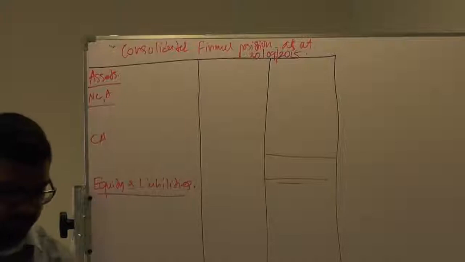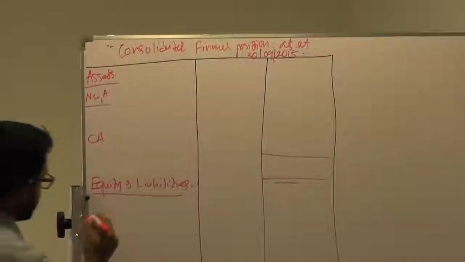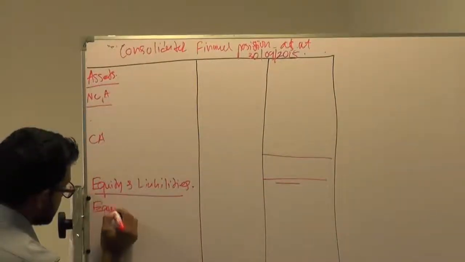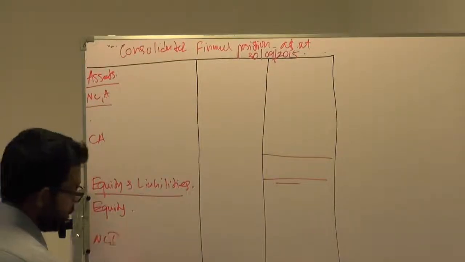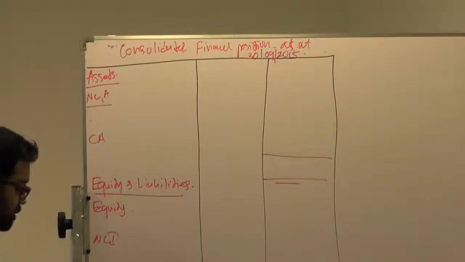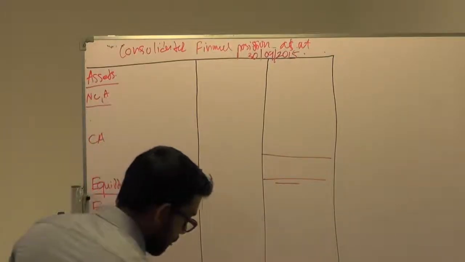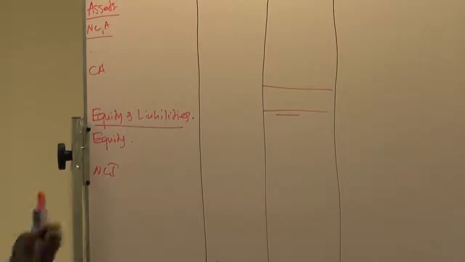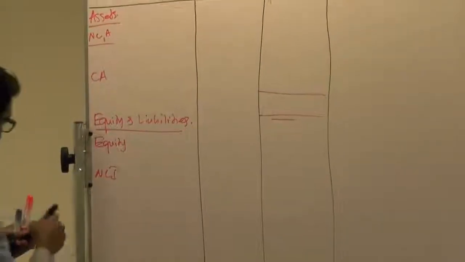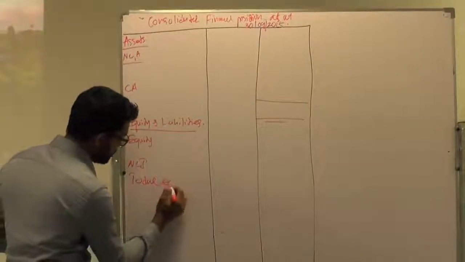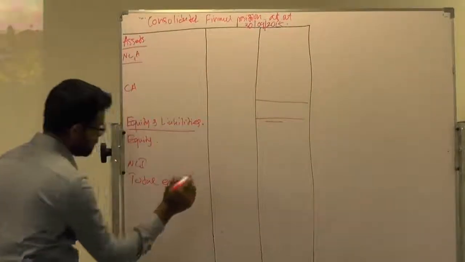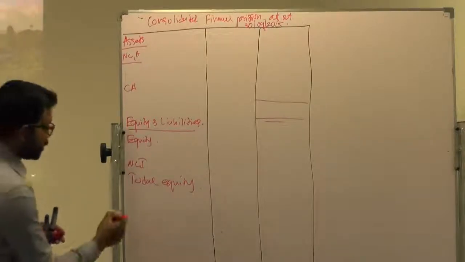Under that you have equity and non-controlling interest. I am formatting my balance sheet, right? Non-controlling interest. Then you will have total equity. And you have non-current liabilities.